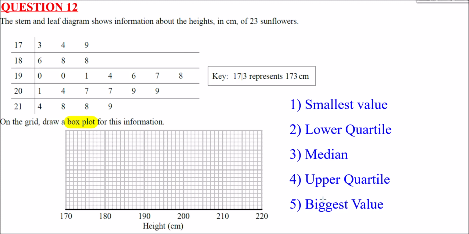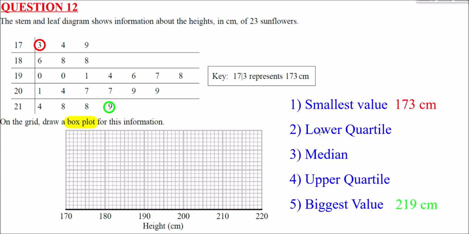So the smallest value is the first value here, which is 17 line 3, which says nicely for us, by chance, that's 173 centimetres. So the smallest sunflower is 173. At the other end of the scale, the tallest one will be 21 line 9, this one here, and that's going to represent 219 centimetres.